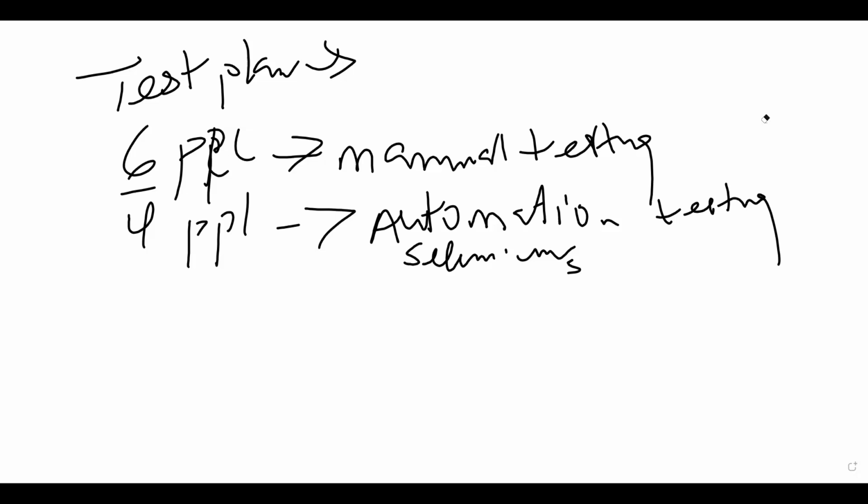Then you decide, for that automation, maybe 80% of this application, maybe your Chase Bank or Bank of America or Facebook application, 80% of the application will be covered by automation.